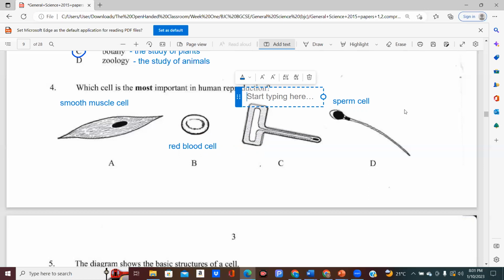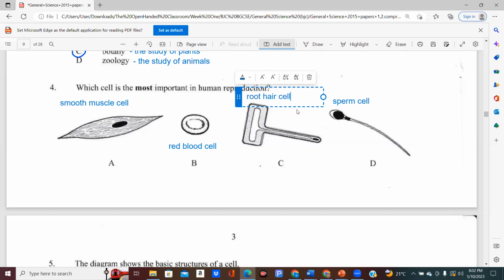I don't know. Anyone else? C? Is it a xylem cell? No. Never mind. It's actually a root hair cell.